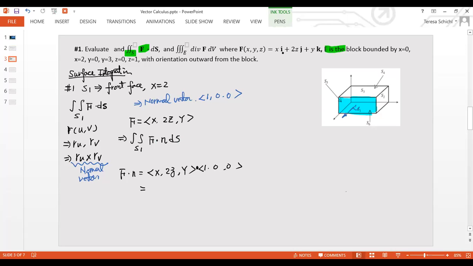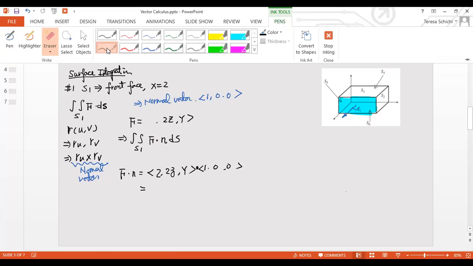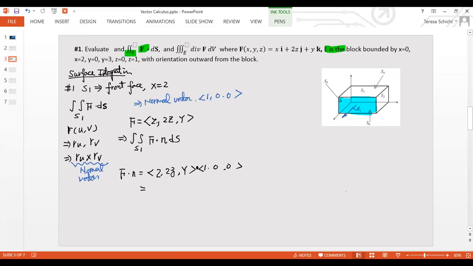Because this is the face x equal to 2, this value will be 2, correct? So after the dot product, this is 2.